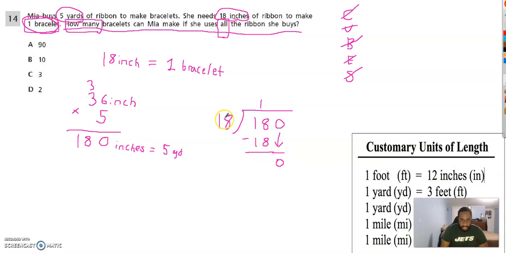How many times 18 goes into 0? 0 times. So we can make a maximum amount of how many bracelets? Casely? 10 bracelets.